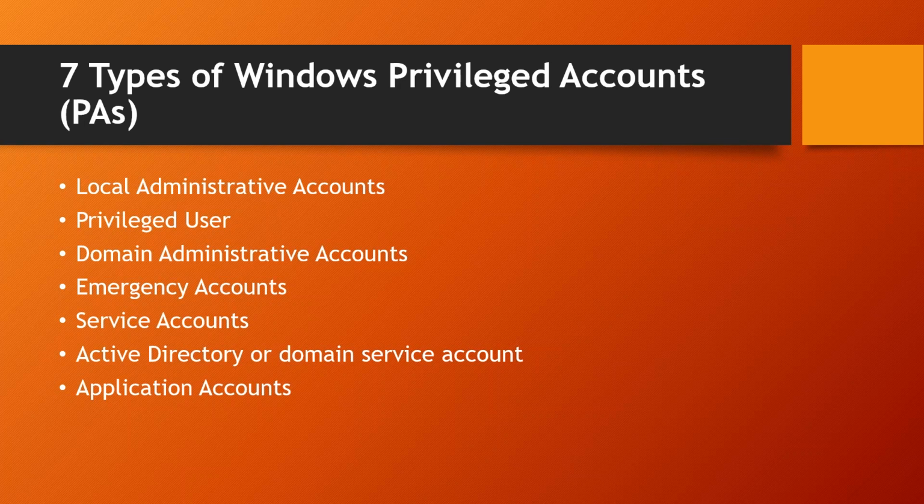And the last one is our application accounts. Those are accounts used by our applications to access our databases, run batch jobs or scripts, or provide access to other applications that we're working with. These privileged accounts usually have broad access to some of the underlying company information residing in those applications and databases.